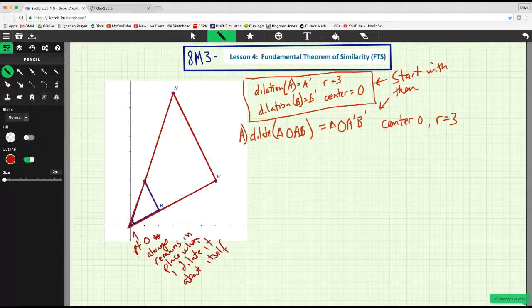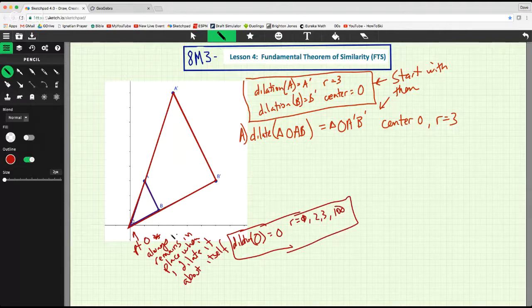If point O is the center and point O is 0 distance away from point O, then when I dilate it 3 times, the dilation of O is equal to O, regardless of whether R is 1, 2, 3, or 100, because 100 times no distance is itself.